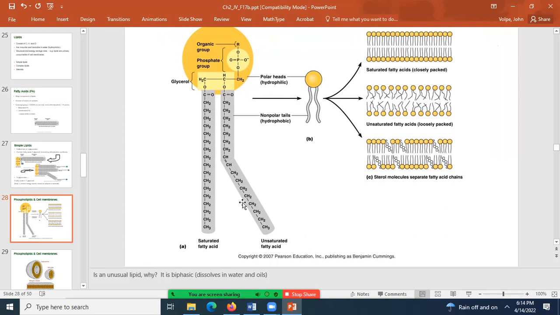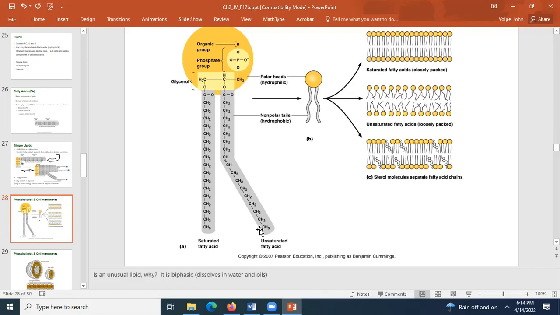And we call these tails to the phospholipid, the blue part, which is the fatty acids. And we're not going to really talk about it much, but all phospholipids, at least human phospholipids, have one saturated fatty acid and one unsaturated fatty acid. And I shouldn't say all phospholipids are that way. I should say phospholipids of humans are that way.